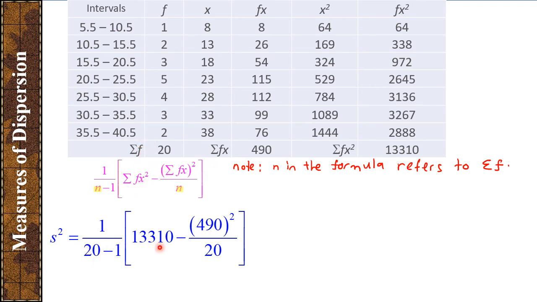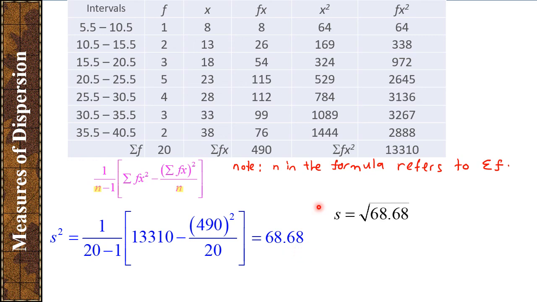So 20 minus 1, and then inside here 20, and then the sum of fx, which we put inside the square here. Outside here it is the sum of fx squared, which is 13,310. Press your calculator and you will get the value of the variance. Remember s squared here represents the variance. It is 68.68.